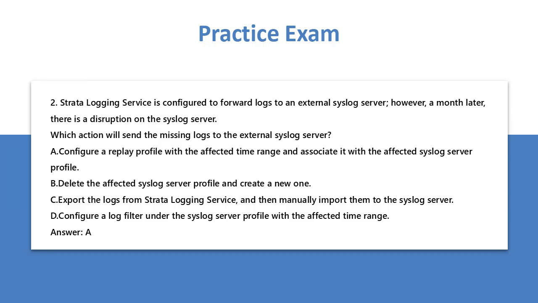B. Delete the affected syslog server profile and create a new one. C. Export the logs from Strata logging service, and then manually import them to the syslog server. D. Configure a log filter under the syslog server profile with the affected time range. Answer: A.